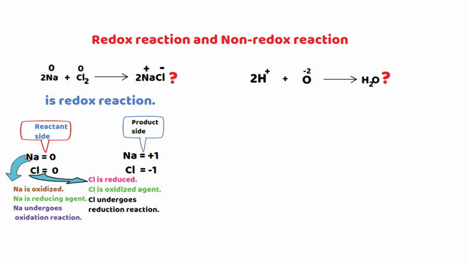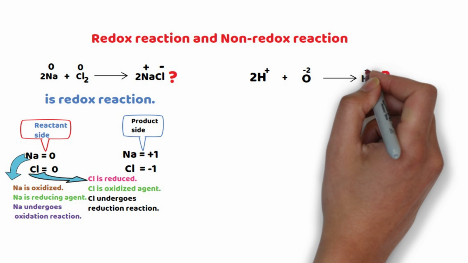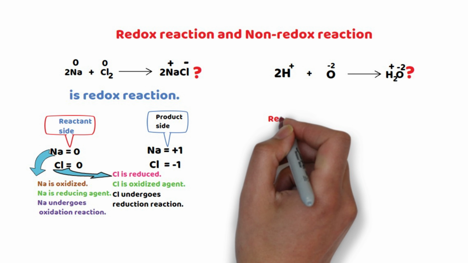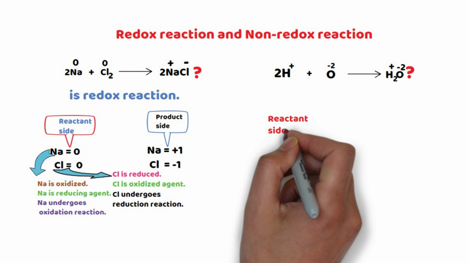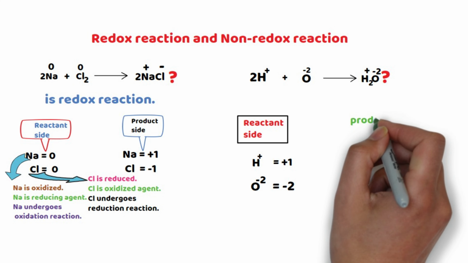To answer such a question, let us assign oxidation numbers for each atom found in this chemical reaction. The oxidation number of hydrogen is +1 and the oxidation number of O2- is -2. The oxidation number of hydrogen in the product side is +1 and that of oxygen is -2. Therefore, on the reactant side, hydrogen ion has +1 oxidation number and oxygen has -2 oxidation number.